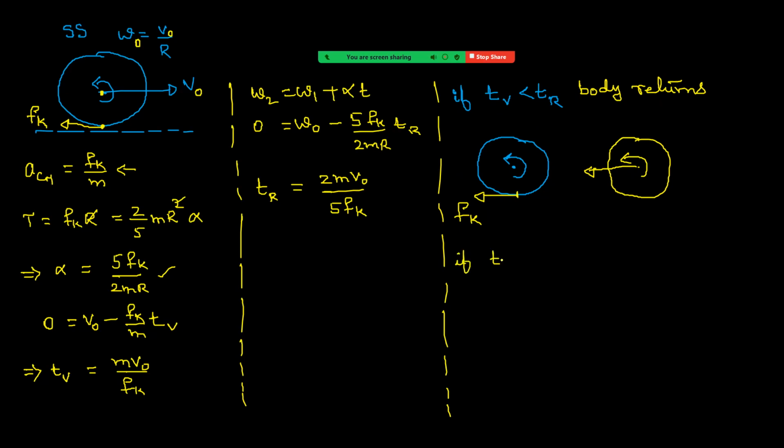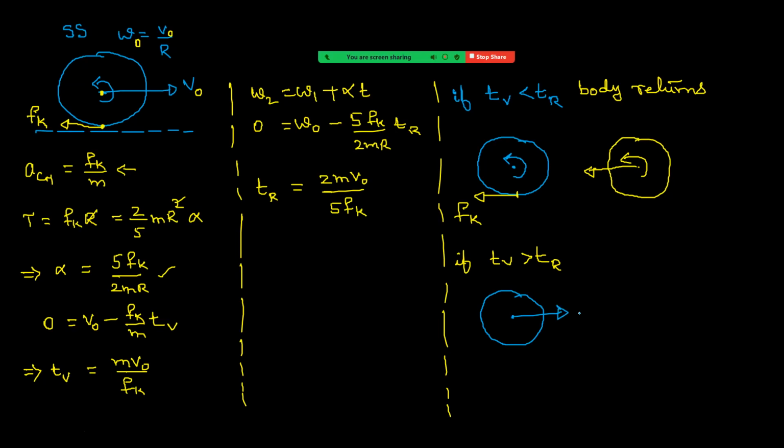if Tv is greater than Tr, its meaning is omega becomes zero before velocity becomes zero. Omega becomes zero before velocity becomes zero. Now see carefully what happens. So at one point of time, it has only velocity, no rotation.